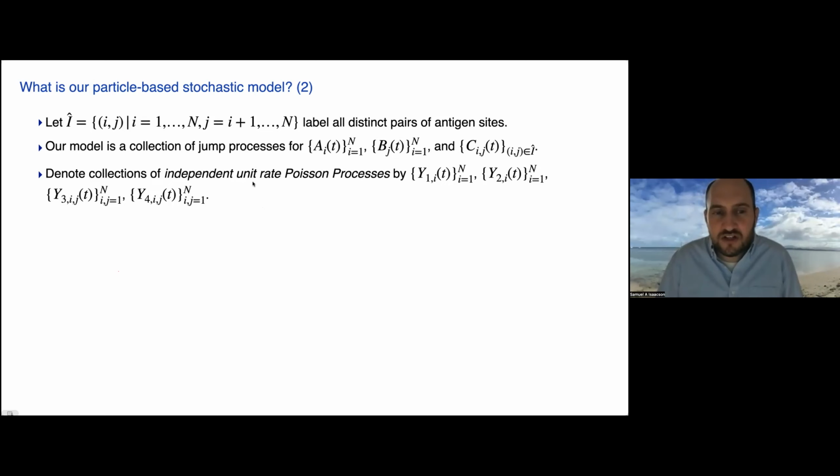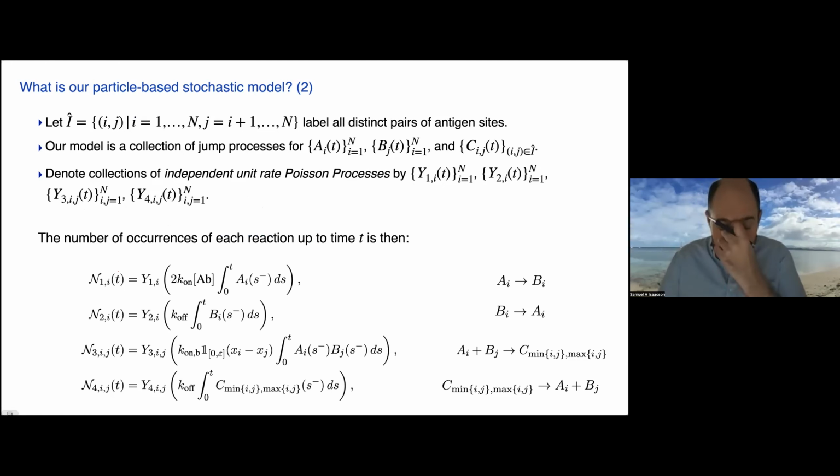We'll have a whole bunch of independent unit rate Poisson processes, one for each antigen for the first reaction, one for each antigen for the second reaction, one for each pair of antigens for the third, and one for each pair of antigens for the fourth. Then we can write down the number of occurrences of each reaction up to time t like this.